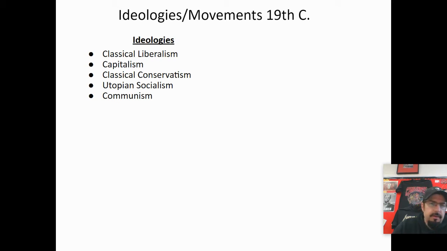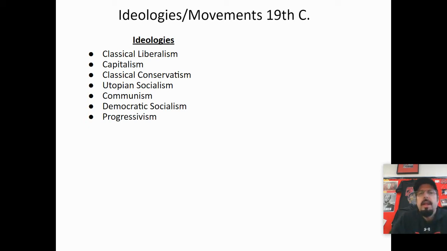Karl Marx and communism, of course, came in response to classical liberalism. When I think of democratic socialism, I think of Tommy Douglas, etc. Progressivism, the whole term progressivism just means using the power of government in order to bring about change. Okay, legislation, shift left. We're going to use government in order to make things more equal for everybody.